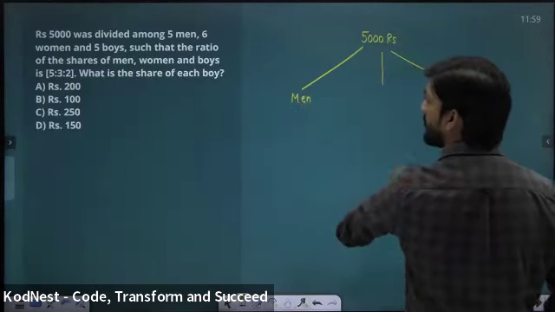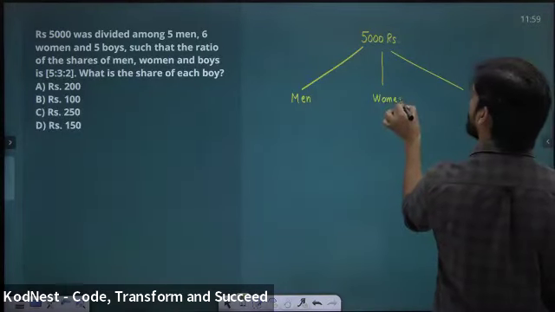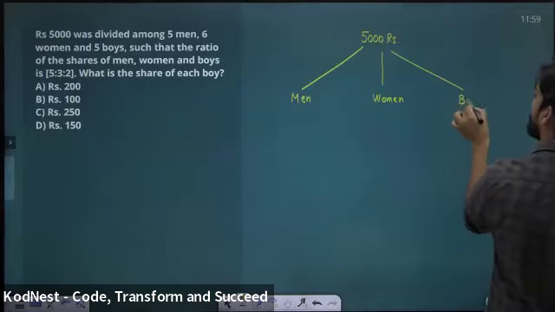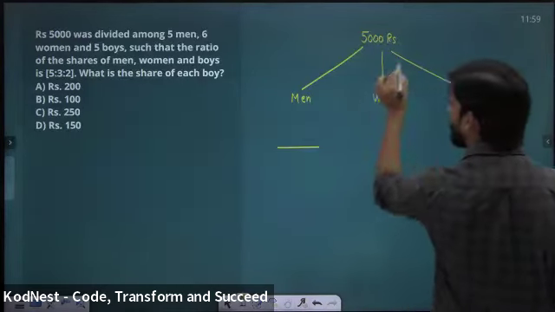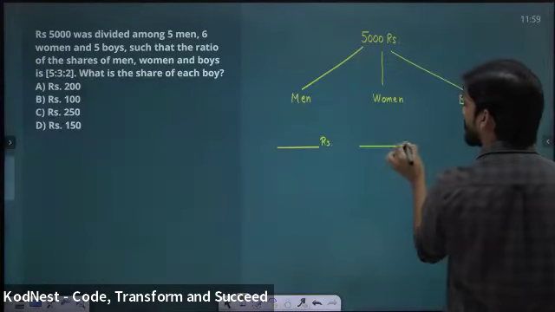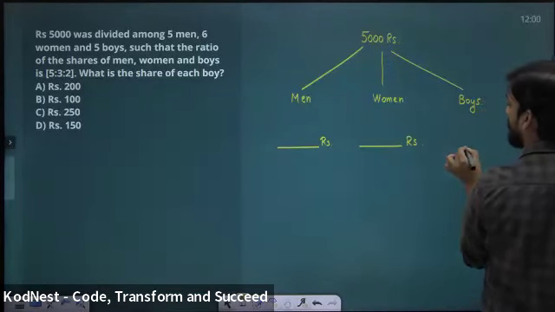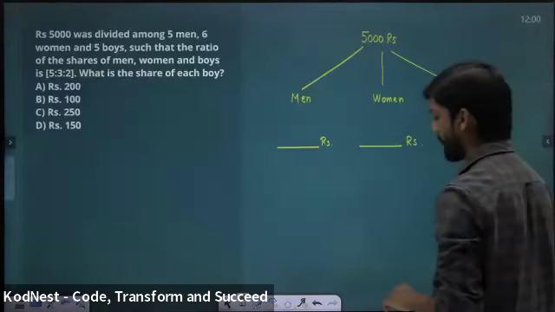How many of each we'll see later. So out of 5,000 rupees, some rupees will be given to men, some to women, and some to boys.